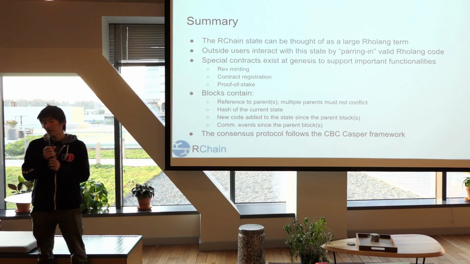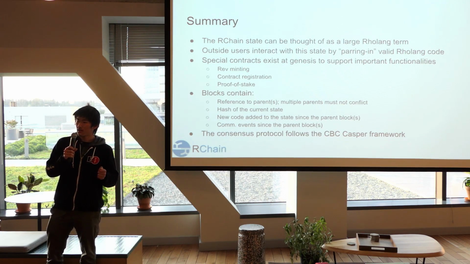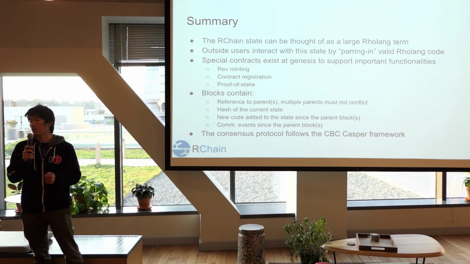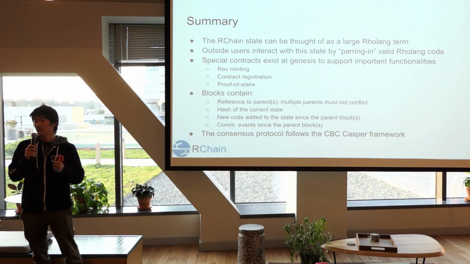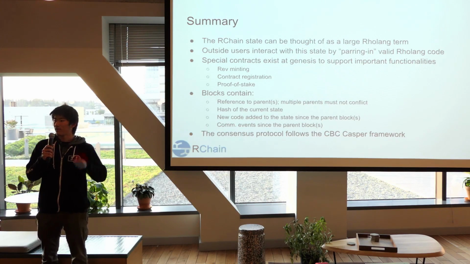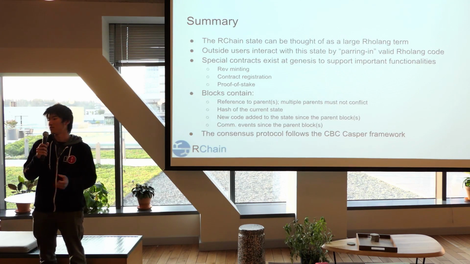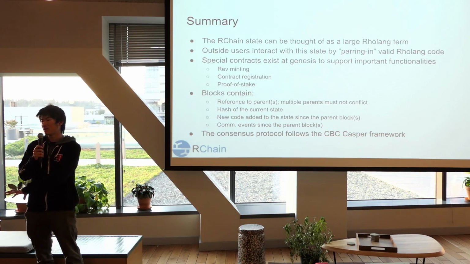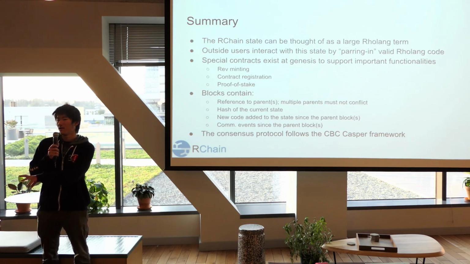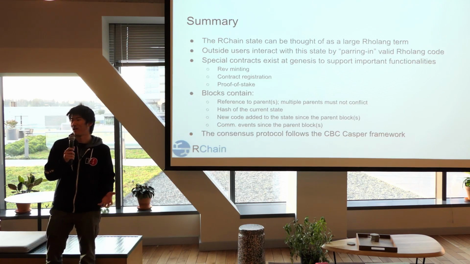If you're running the safety oracle as we showed, in that case you should never get finalized blocks, because you'll have 50% of the weight on one side of the world and 50% on the other side. And you need more than 50% of the weight to finalize a block.